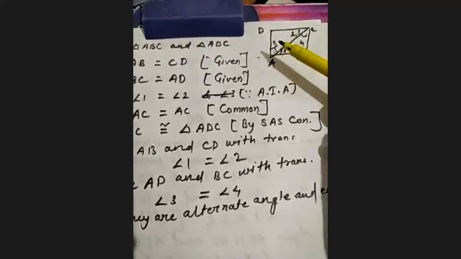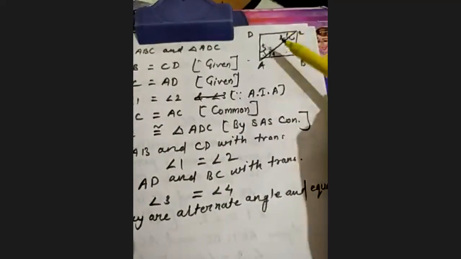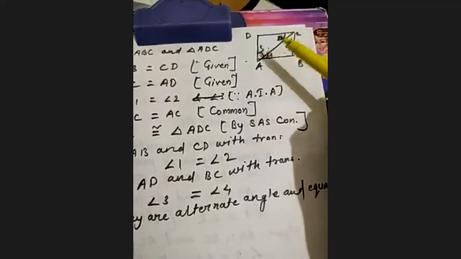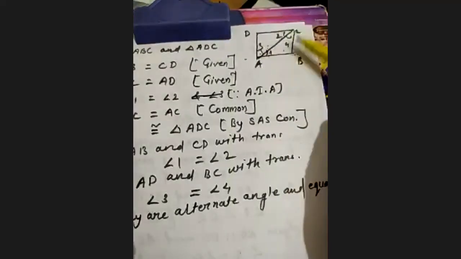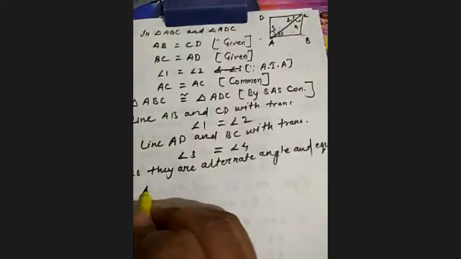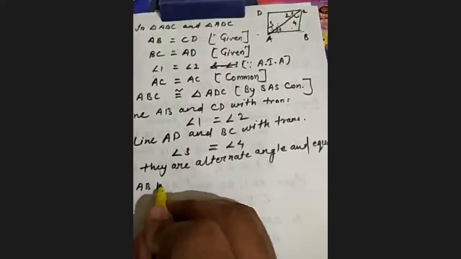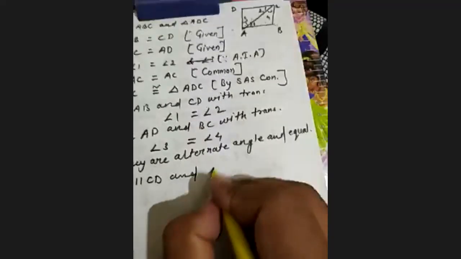So we know that a transversal line intersects the two lines, and if it intersects in such a way, the alternate angles are equal. Okay, so the lines are parallel. That means AB line is equal to CD line and AD line is equal to BC line. Okay, so that means AB line is also parallel to CD line and AD is parallel to BC.